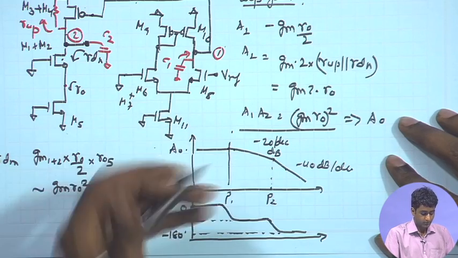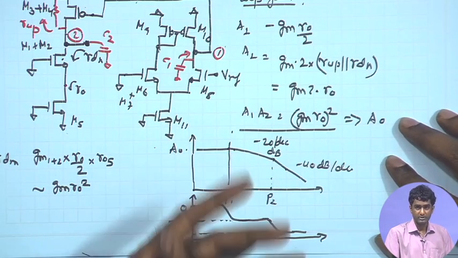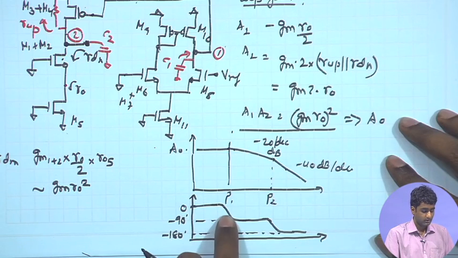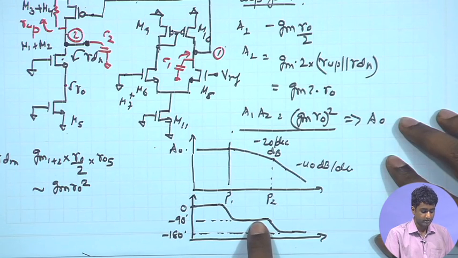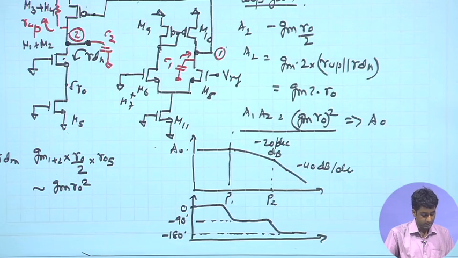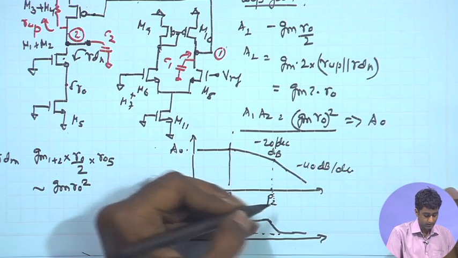Also we know the frequency at which the phase reaches exactly 135 degree in a two pole system, that is P2. At the first pole we have exactly a phase shift of 45 degree, far away from P1 90 degree, and exactly at P2 we have around 135 degree, provided the third pole is far away.